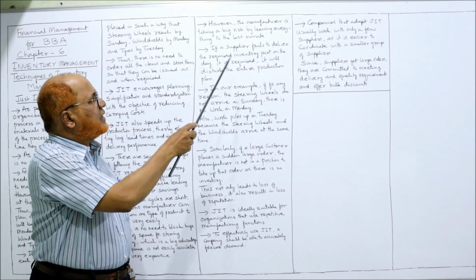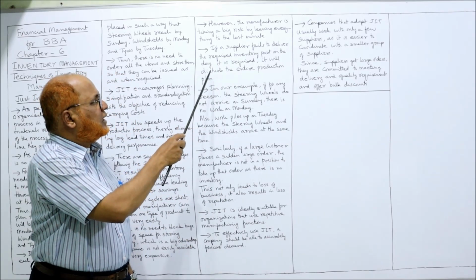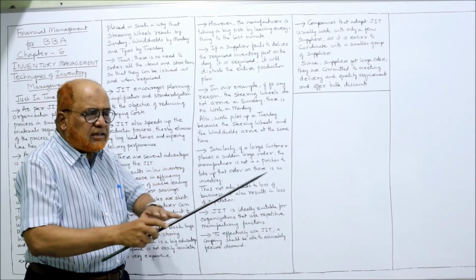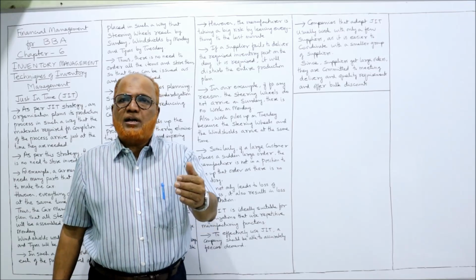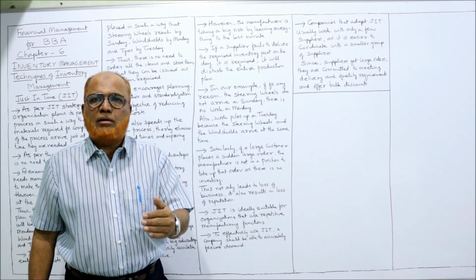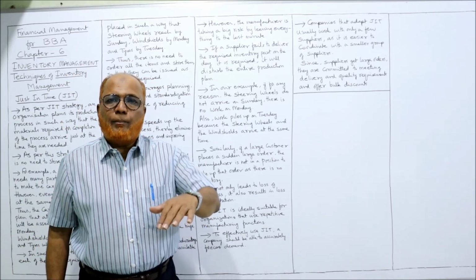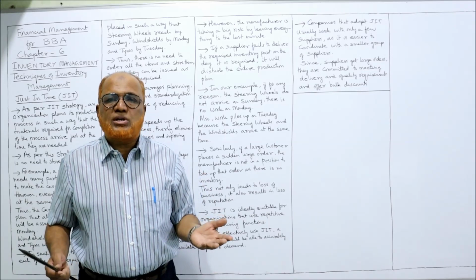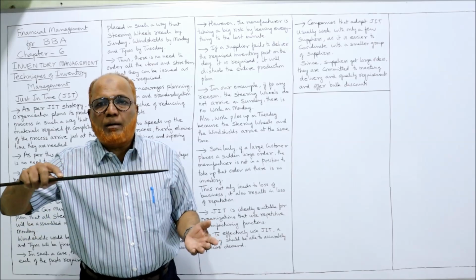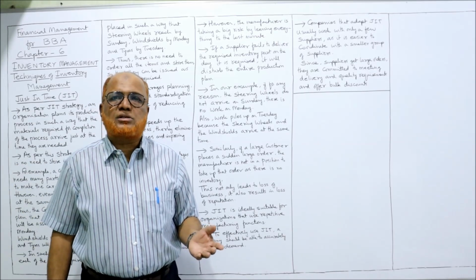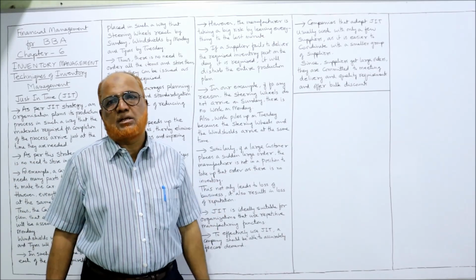If a supplier fails to deliver the required inventory part on the day it is required, it will disturb the entire production process. Suppose the car manufacturer did not get the steering wheel on Sunday, Monday it has to fix it, but there is no steering wheel. Then what will happen? The coming days, Tuesday, Wednesday, the complete production process will become disturbed.